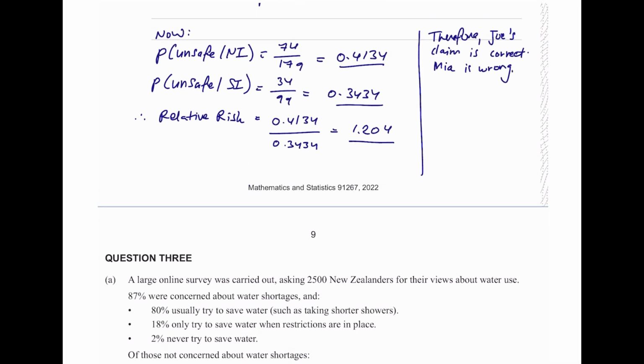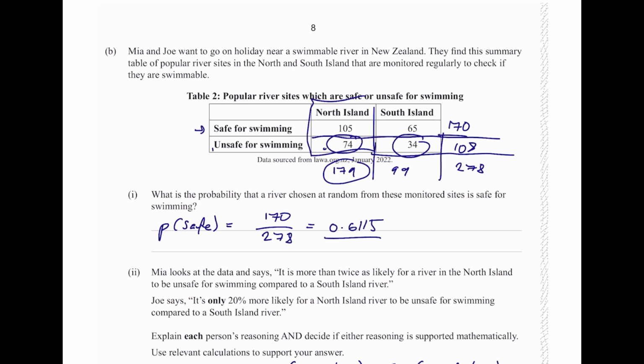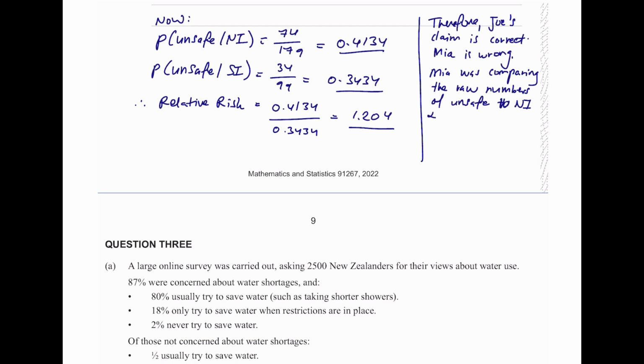So we'll say, look, Mia was comparing the raw numbers of unsafe North Island and South Island rivers. She did not consider that we need to compare proportions.